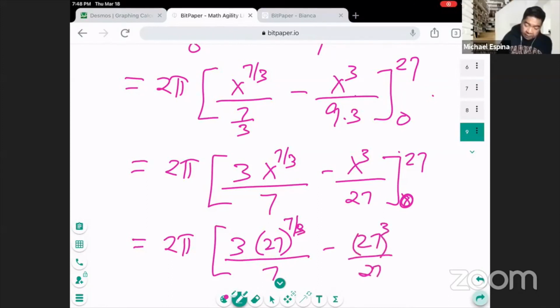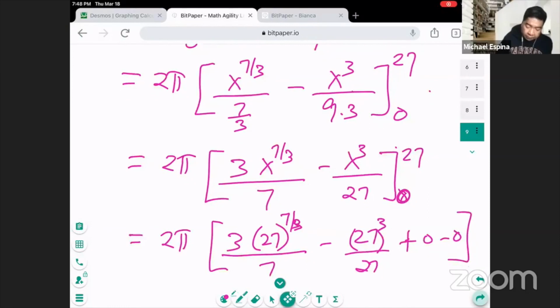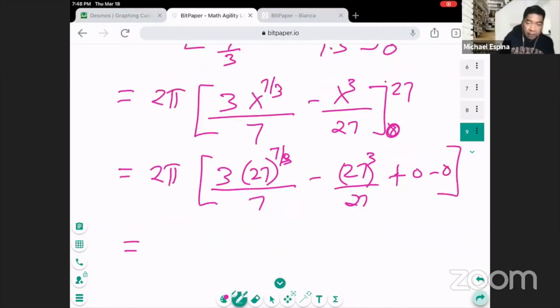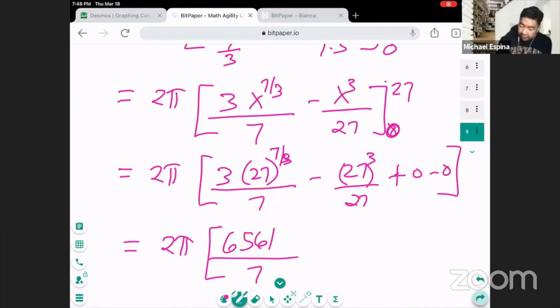And if we substitute 0, both are 0, so plus 0 minus 0. So again, 2 pi here. And what is 27 to the 7/3 times 3? I got 6561 over 7 minus 729.